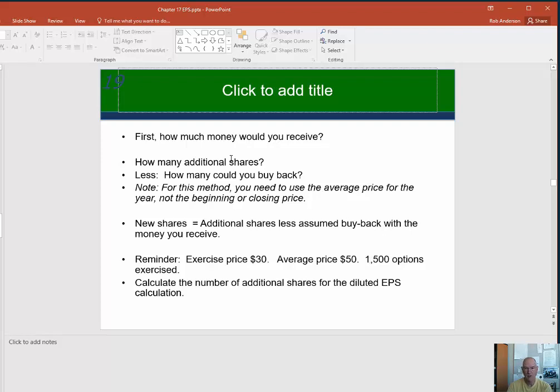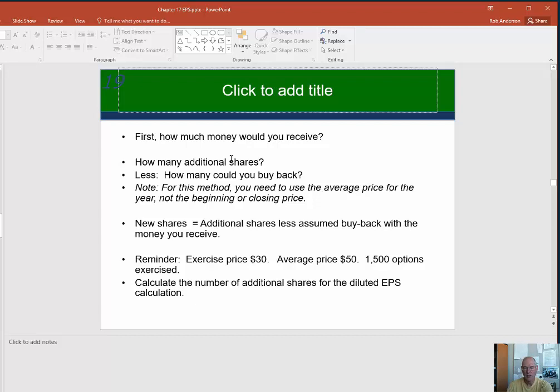Now, pivotal to this method is the question of what you are going to do with that $45,000, right? It should benefit you in some way, but we know it's not net income, so we cannot add it to the numerator in our EPS calculation.